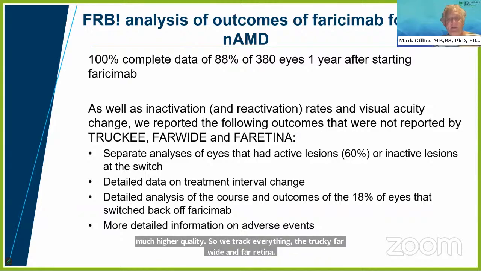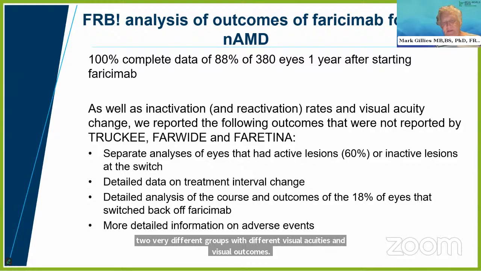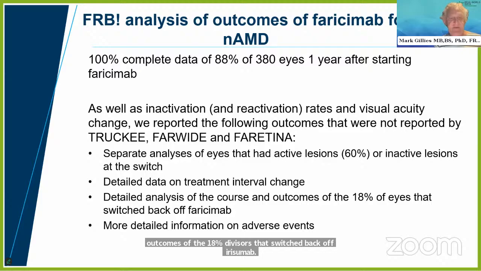We also had a separate analysis of whether the lesions were active or inactive at switch, and they're 2 very different groups with different visual acuities and vision outcomes. We have detailed data on the interval change, which is important because that's the main benefit, particularly in switching. We have a detailed analysis of the course and the outcomes of the 18% of eyes that switched back off faricimab, and we have more information on the adverse events.